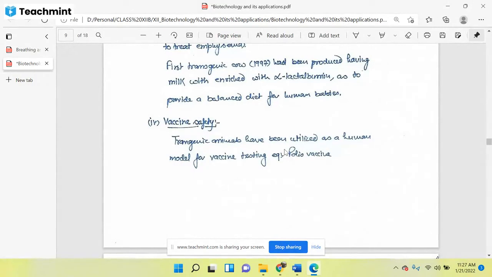So we make a model of that particular disease and inject the polio vaccine, and after that we see what the effect is. In order to assess vaccine safety in a particular disease, we produce transgenic animals and use them as a human model for vaccine testing.